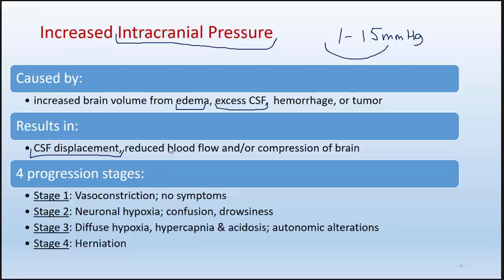But if intracranial pressure still remains high after cerebral spinal fluid is displaced, that's where we get into needing to alter cerebral blood flow, and even compression of the brain is sometimes needed or will occur.